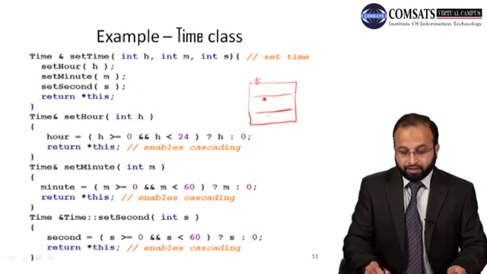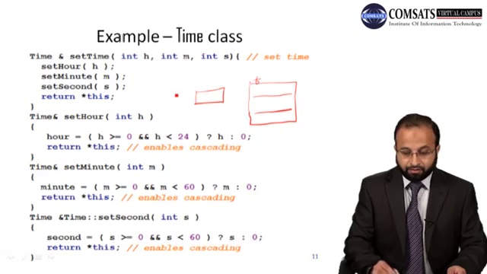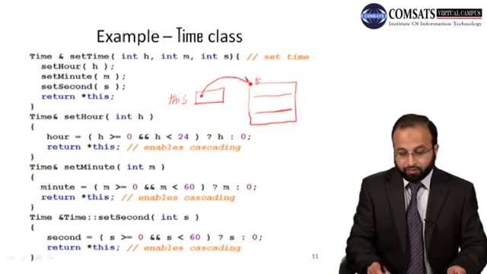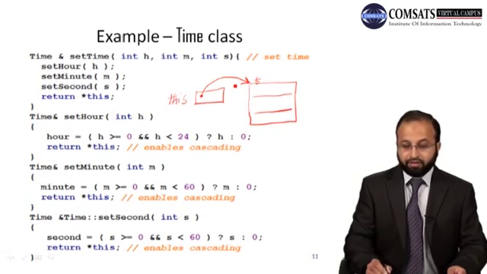Now whenever this object is created, another 4 bytes of memory is allocated, and this memory is basically for the this pointer, right? And this memory location contains the address of this memory location. So this means that this memory points to this memory location, right?